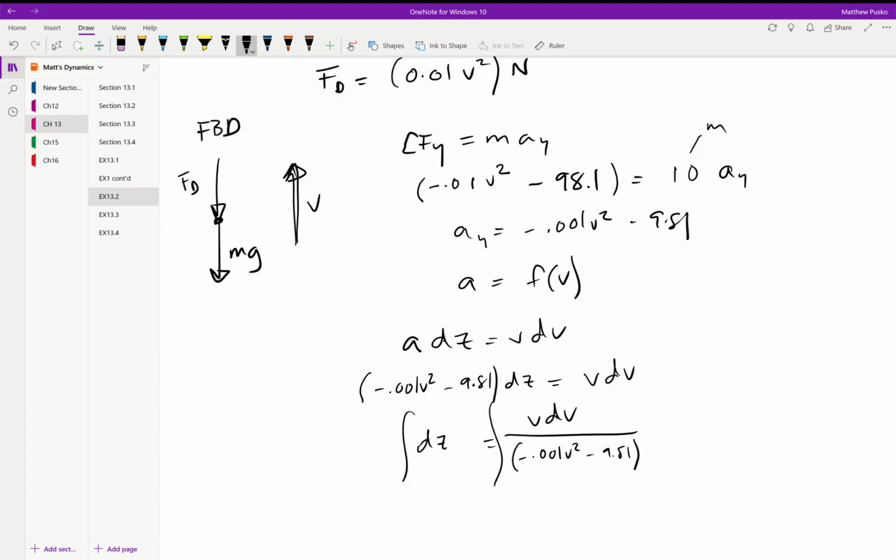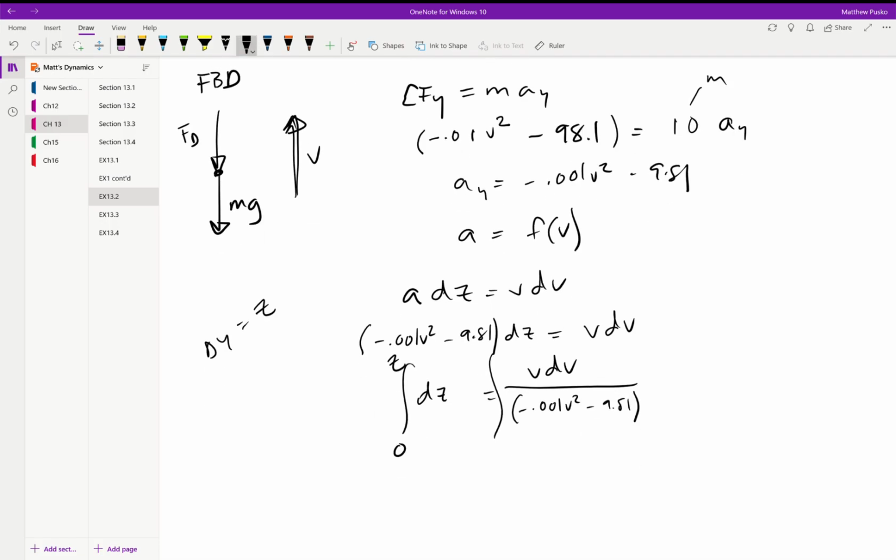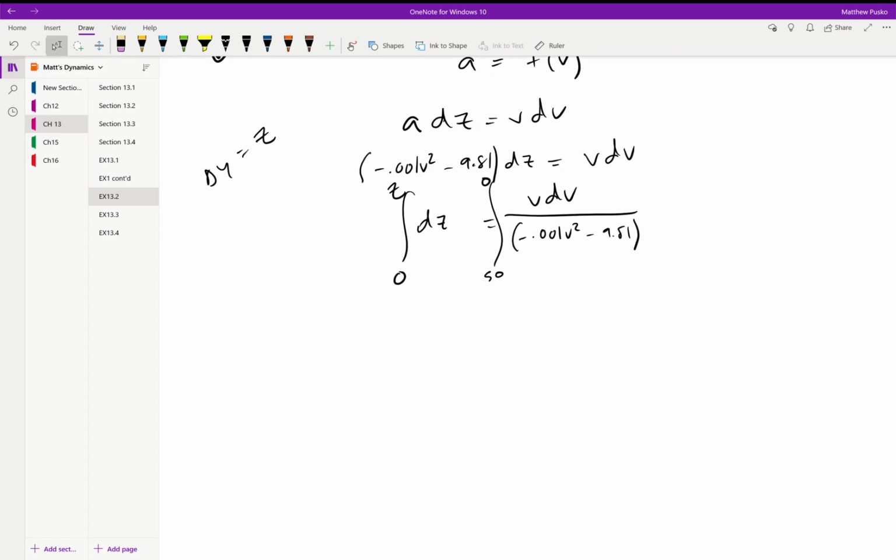Now when we integrate from the floor to its maximum height, switch to variables, so delta y is equal to z now. We need to integrate this from its initial velocity to its final velocity at the top, 0. And solving this, you get that z is equal to negative 500 times the natural log of v squared plus 9810.